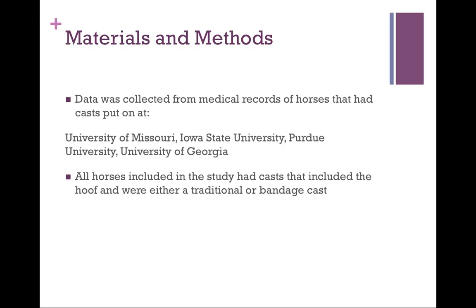Data was collected from medical records at the University of Missouri, Iowa State, Purdue, and Georgia vet schools. The horses were put into two categories, depending on whether they had a traditional cast or bandage cast.